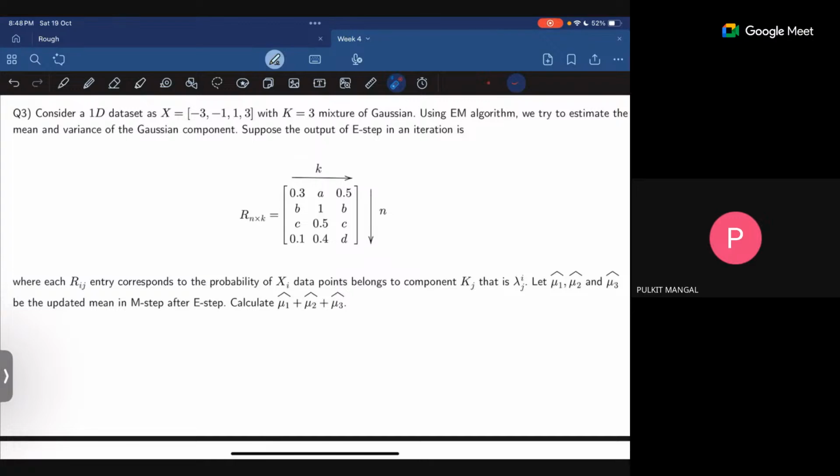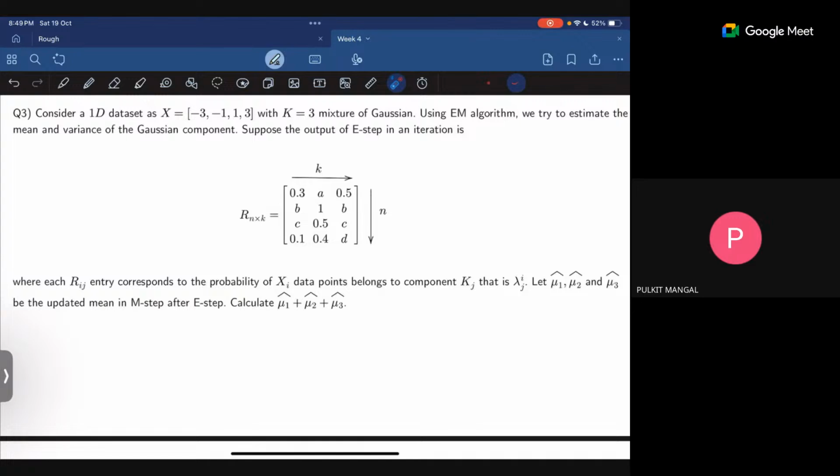Now each entry Rij in this matrix corresponds to the probability of data point xi belonging to component kj, that is lambda ij. If I talk about this entry, this is fourth comma 1: fourth row, first entry.